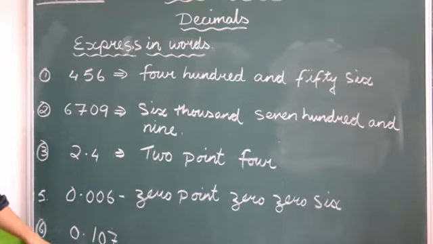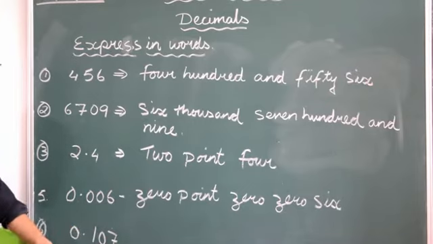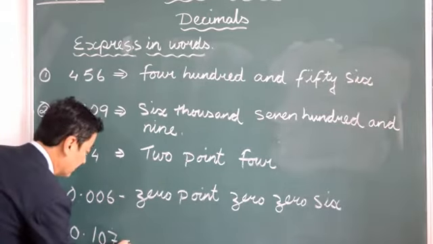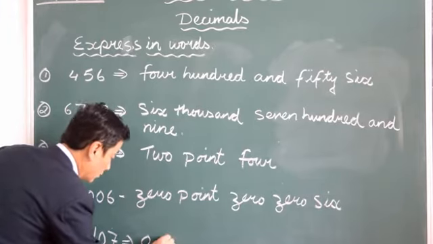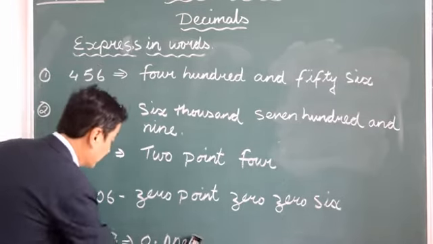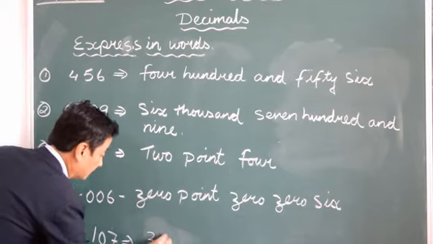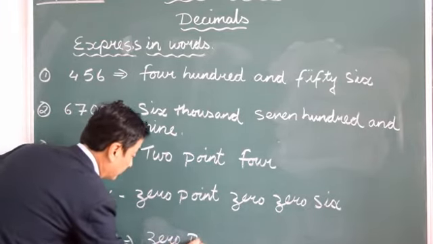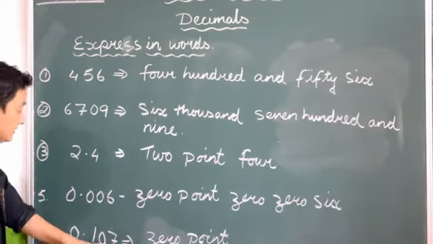Here, let's read the number. 0.107, not 107. So let's write it. I've written it wrong here, I've written the numeral. Let's write that out. 0.107.